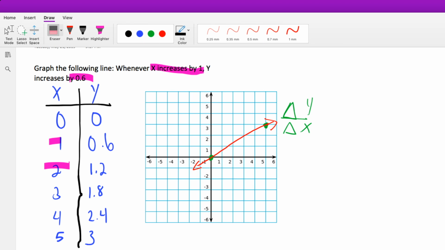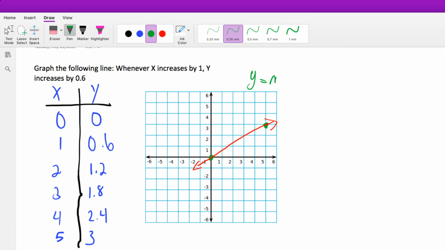Now, we already know what the slope is, but let's say we were asked to put this into an equation. We know that the formula for the equation is y equals mx. What do we do here? Fortunately, we already have a y. We have a bunch of y's, and we have a bunch of x's, but we don't even need to plug in values for those.